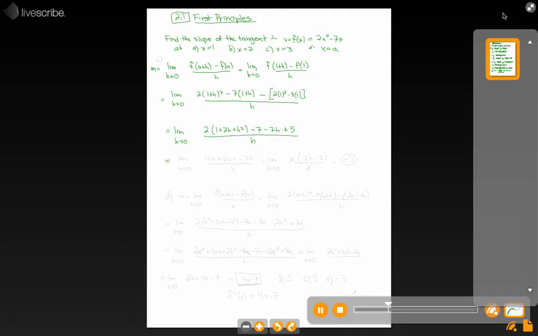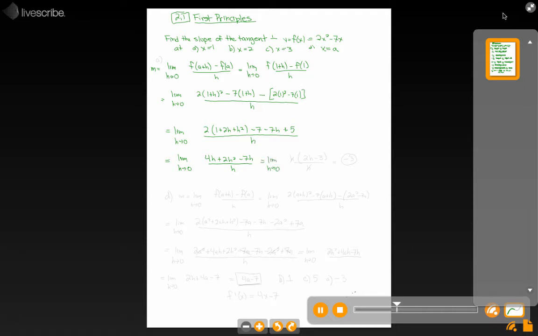As we expect from when we've done these in sections 1.4 and 1.5 in the last chapter, the constants end up canceling out on the top, and everything ends up with an h in it. And you have 4h plus 2h squared minus 7h divided by h, because the 2 minus 7 plus 5 give you 0.